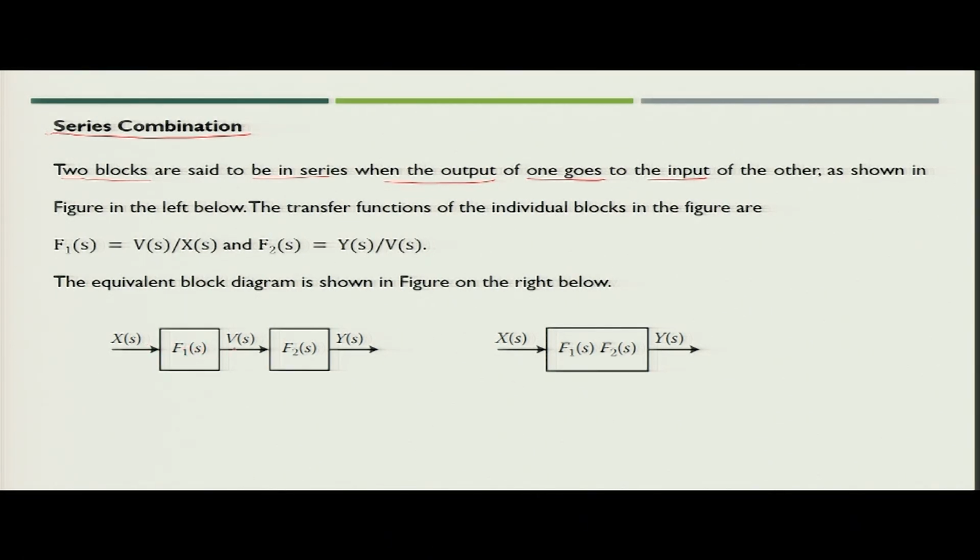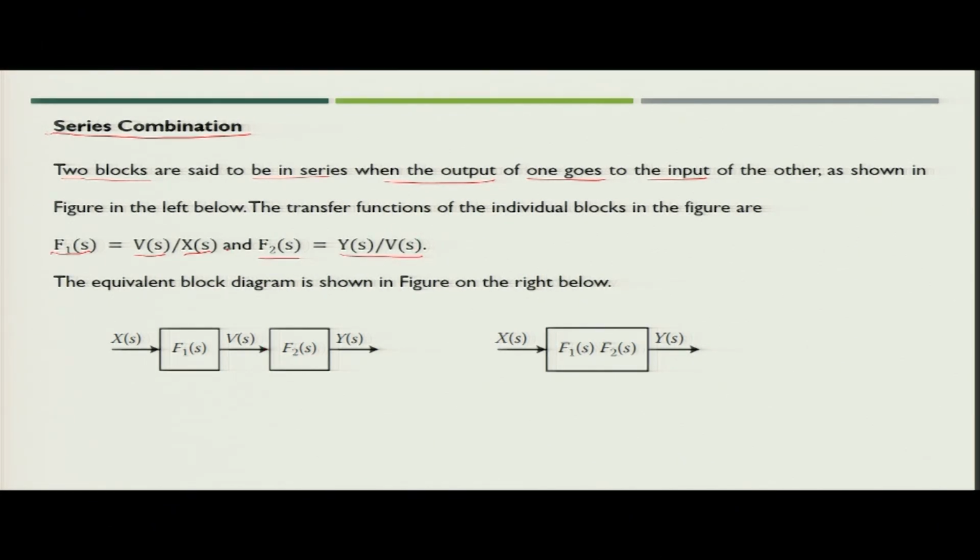The intermediate output is V(s) for this particular block. This output goes directly as an input to another block, that is F2(s), and then finally you get Y(s). So, the transfer function F1(s) will be V(s) upon X(s), and F2(s), the transfer function of the second block, will be Y(s) upon V(s).